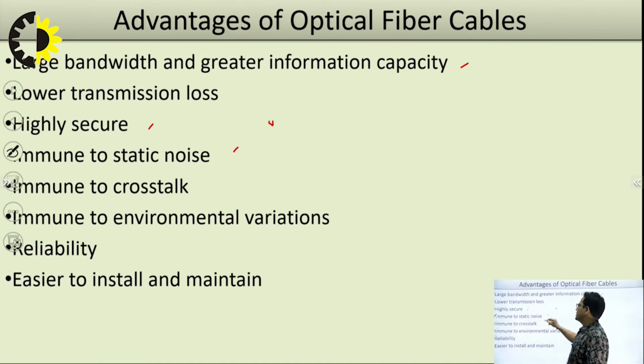It is immune to static noise, immune to crosstalk, and immune to environmental variations, because of the layers of jacket formed around the core and the cladding. So it is very immune to any variations across your fiber link.